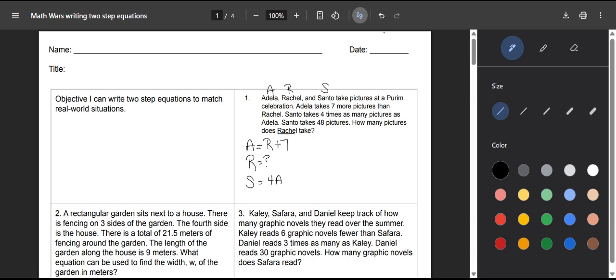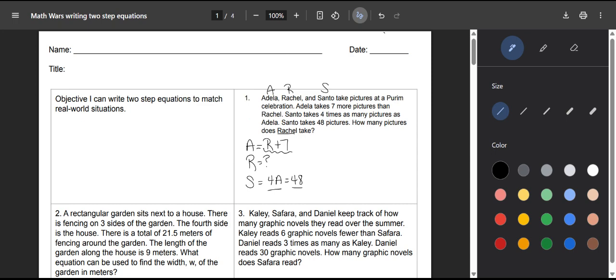I also know Santo takes 48 pictures. So I know that 4 times Adela must be equal to 48. Well, I don't know Adela's amount, but I do know that Adela had whatever Rachel's was plus 7.